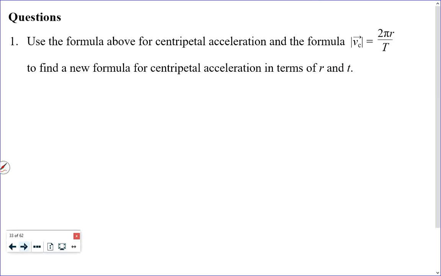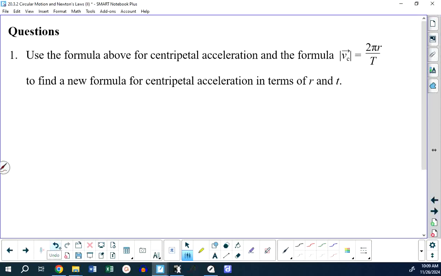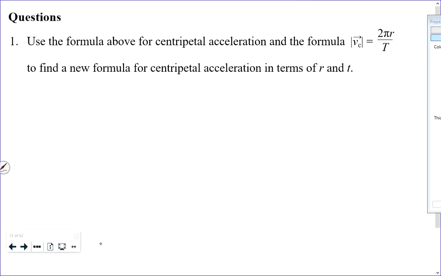So we're just going to get into some questions and examples. Use the formula above for centripetal acceleration and this formula to find a new formula for centripetal acceleration. So what do I mean by that? The centripetal acceleration is equal to v squared over r.